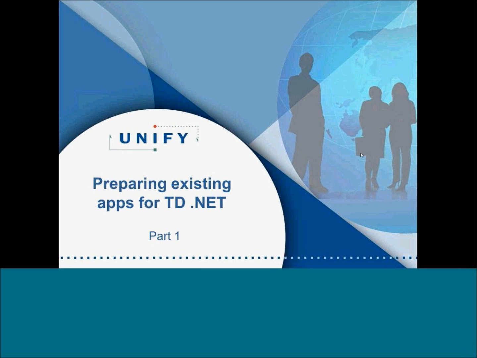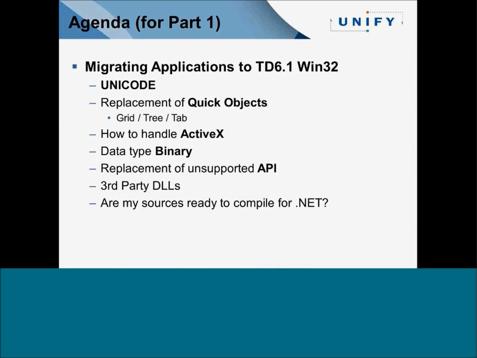So at this point, we have to talk about how to get your old source codes, maybe from Team Developer 1.1.2 into Team Developer 6.1, and run them successfully on Win32 deployment areas. So today I want to give you an overview about migrating applications to TD 6.1 Win32.